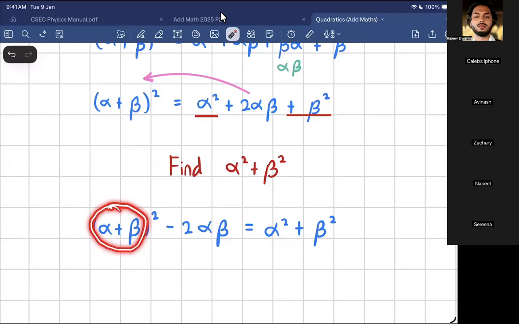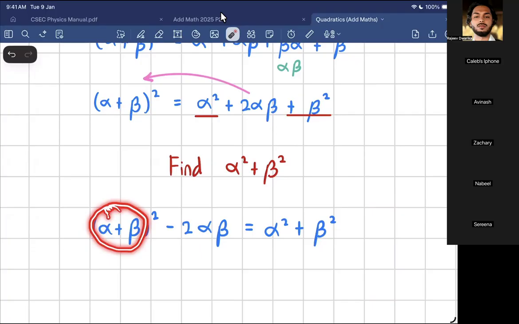Do we have any formulas for alpha plus beta? Is that something we could find? How would I find alpha plus beta? What is the formula for that?